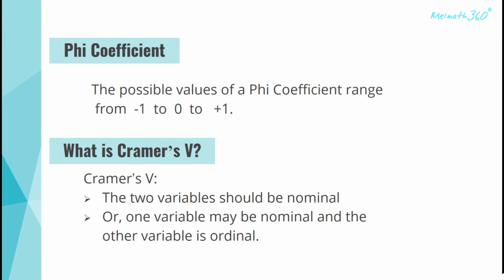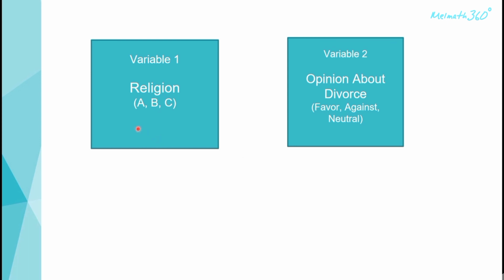And we have Cramer's V. Cramer's V is the most popular of the chi-square based measures of nominal association because it gives good norming from 0 to 1 regardless of table size when row marginals equal column marginals. Variable 1, religion, ABC, and variable 2, opinion about divorce, favor, against, and neutral.